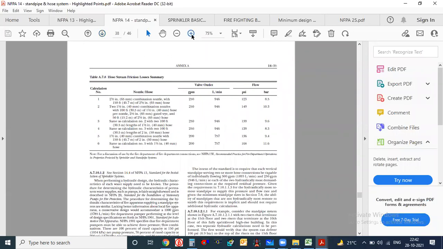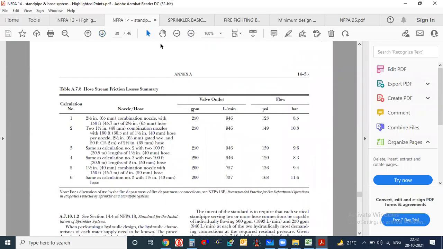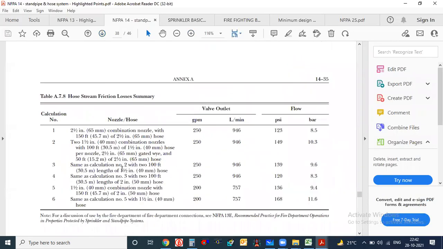This is one thing which is given, post-stream friction loss, but I don't understand this actually. Or maybe they have given the maximum pressure from this particular nozzle hose. Suppose your outlet is one valve outlet, 250 GPM, and here they have given 2.5 inch combination nozzle with 150 feet.